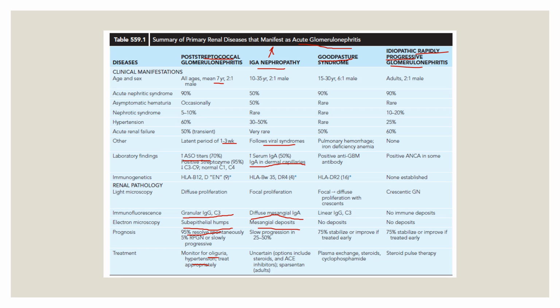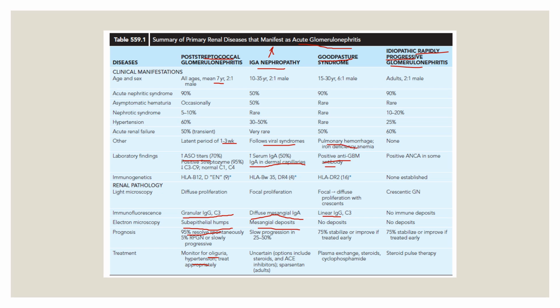Now, Goodpasture is with an antibody against glomerular basement membrane. So we have seen glomerular basement membrane. So that is what is called Goodpasture syndrome. It has linear IgG deposits. What is more important is it also has pulmonary manifestations, which include pulmonary hemorrhage and iron deficiency anemia.